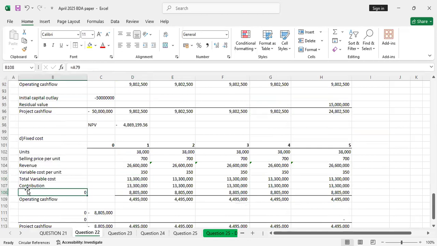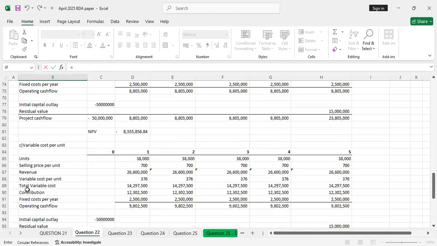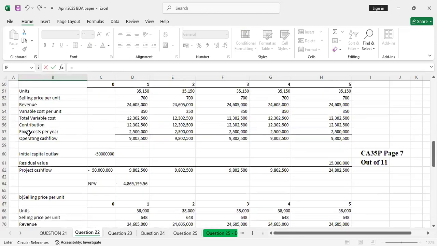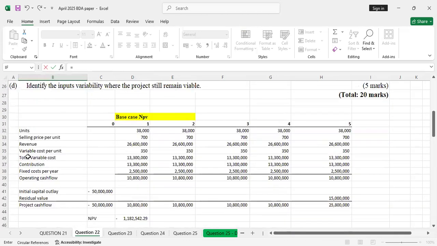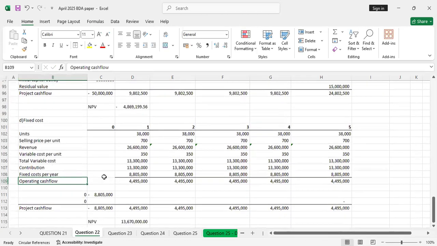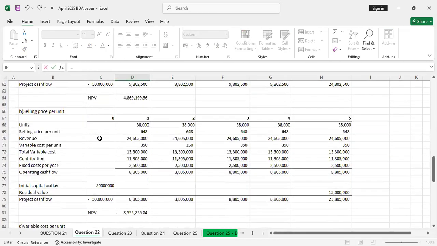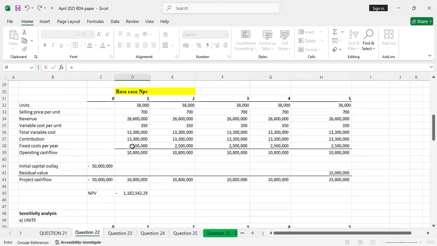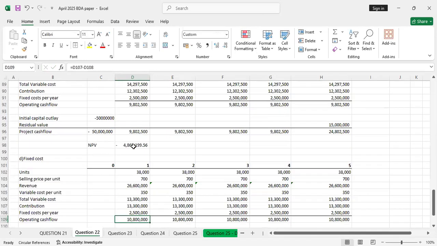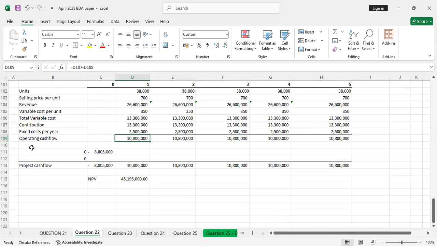Therefore, contribution is that. The fixed cost, the original data, yeah, fixed cost per year will be that value. Therefore, you have the operating cash flow.